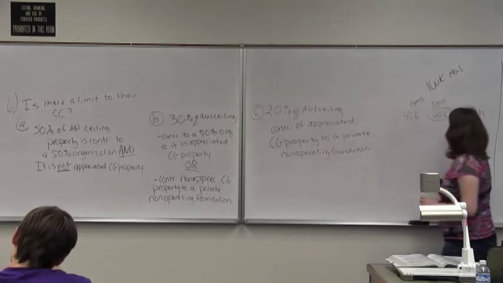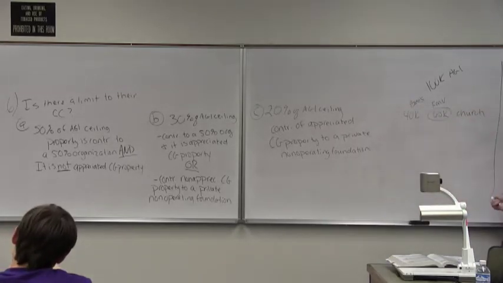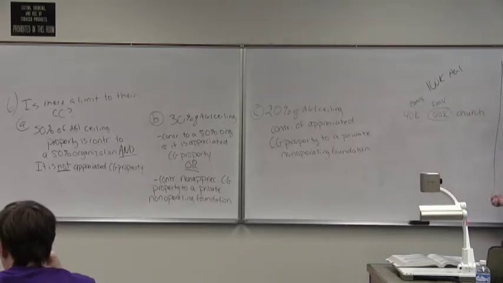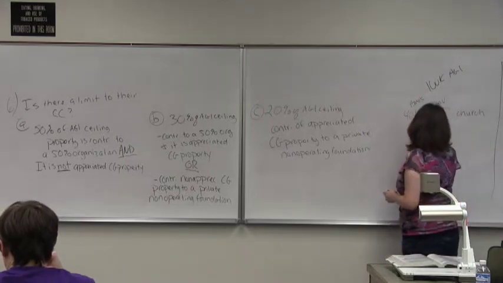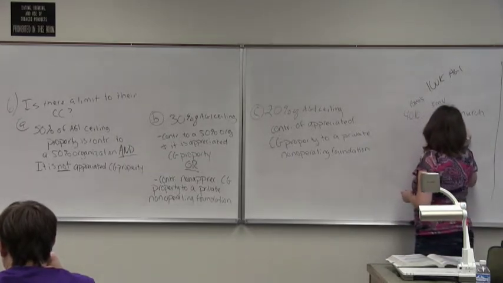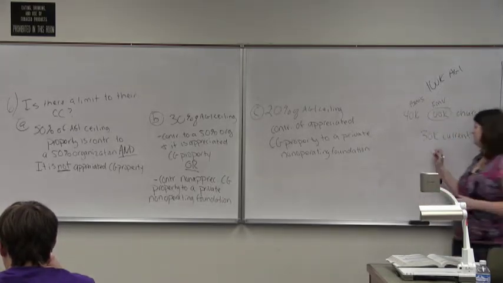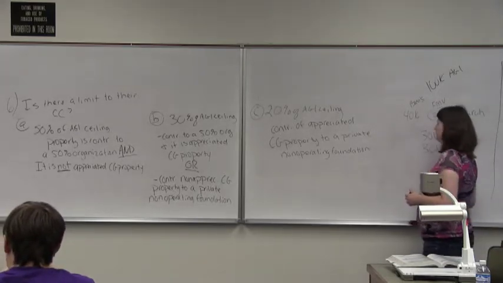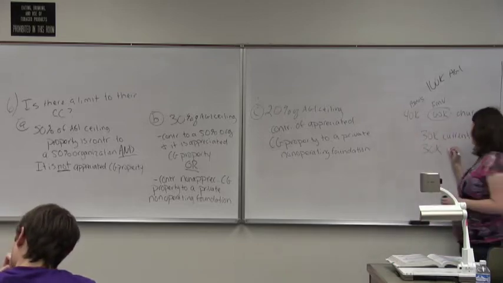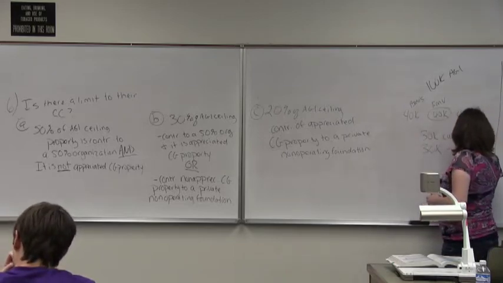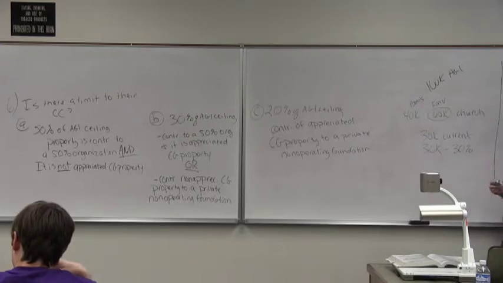So how much of a deduction is this taxpayer going to be able to take? $30,000 current deduction. And how much carryover are they going to have? $30,000. And what bucket is it going to be put into? The 30%. So that means next year, that $30,000 has to be calculated in the 30% ceiling.